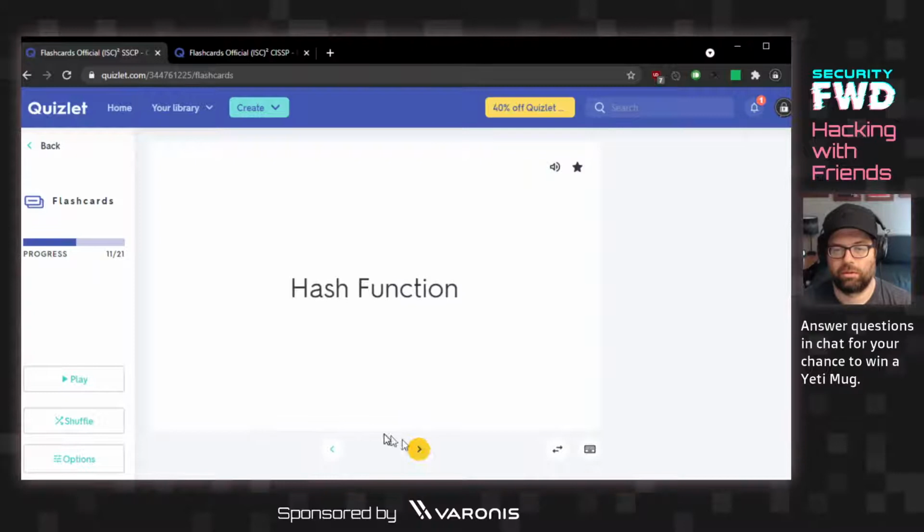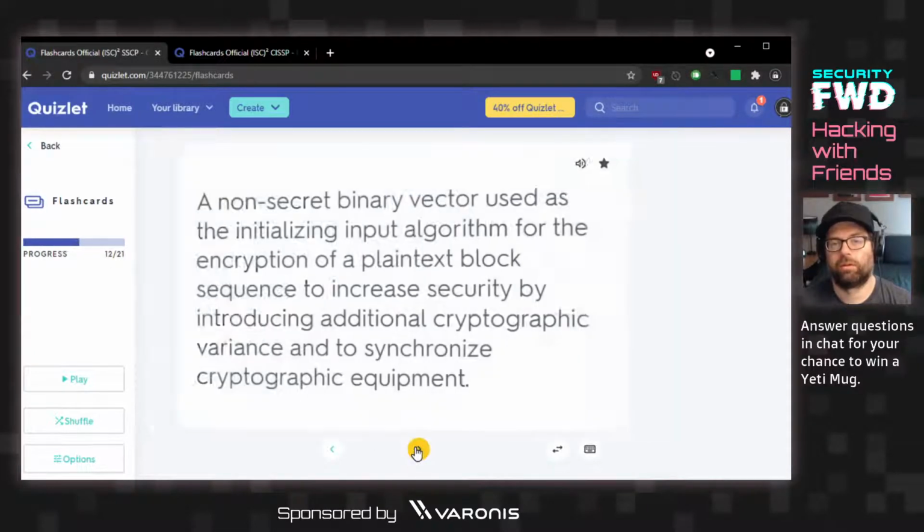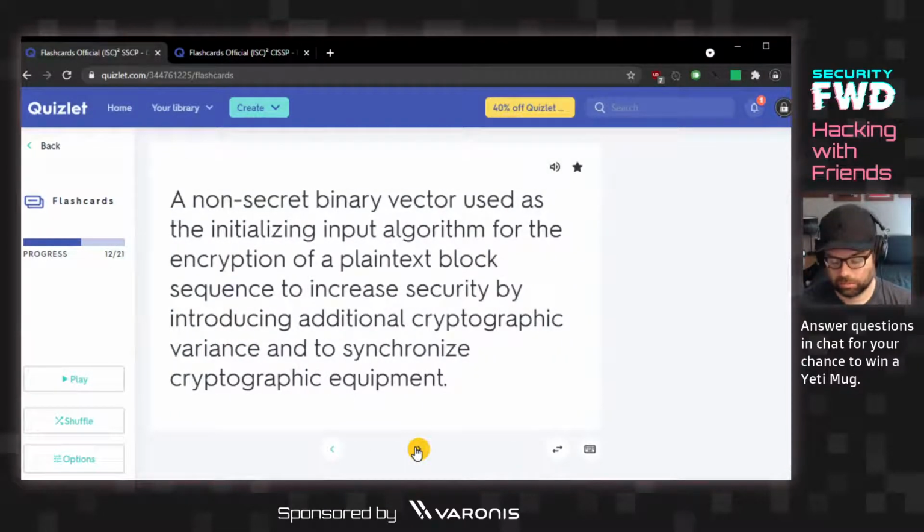Hash function. My favorite, hash functions. Does anyone else have favorite algorithms? I like hash functions. I don't know if that's an algorithm. It's just a function. So, all right. A non-secret binary vector used as the initializing input algorithm for the encryption of a plain text block sequence to increase security by introducing additional cryptographic variants into synchronized cryptographic equipment.